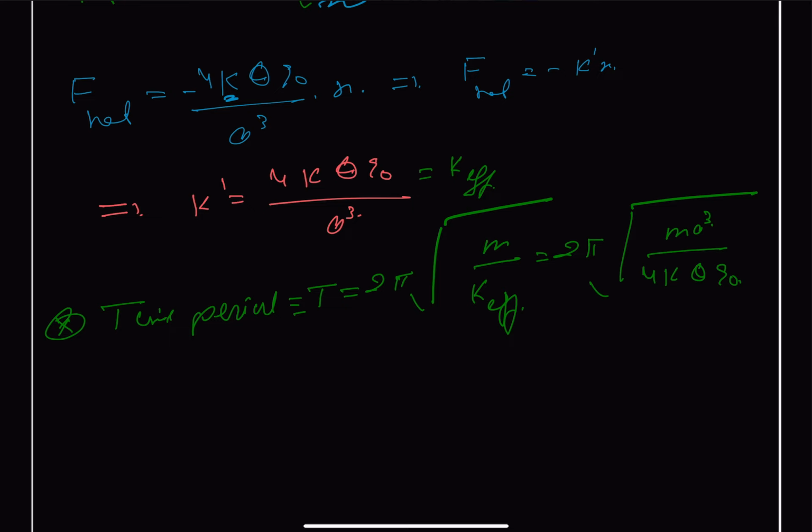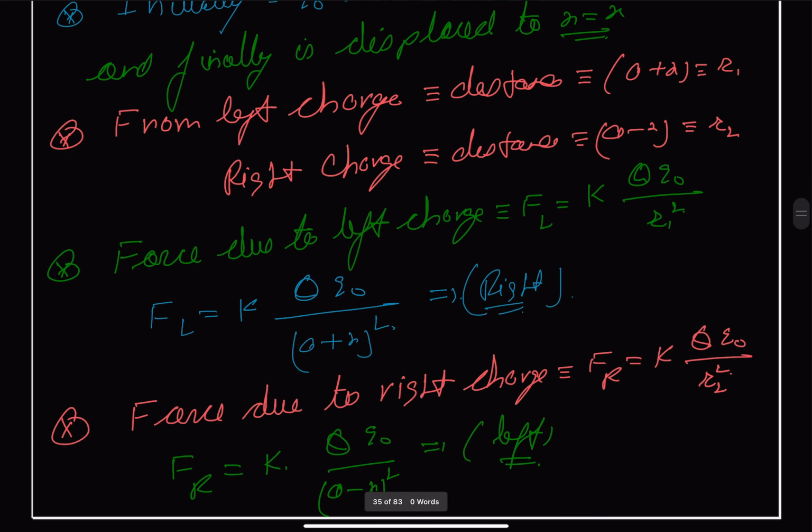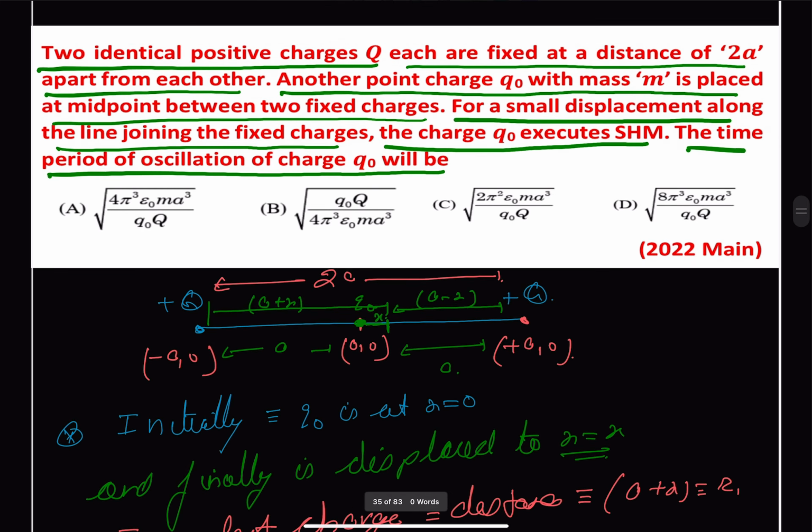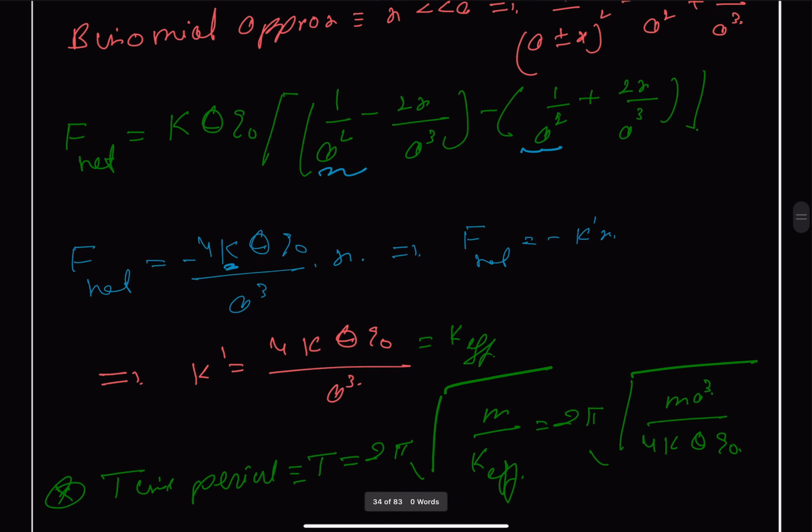Now we can substitute the value of k, that is 1 upon 4 pi epsilon naught.